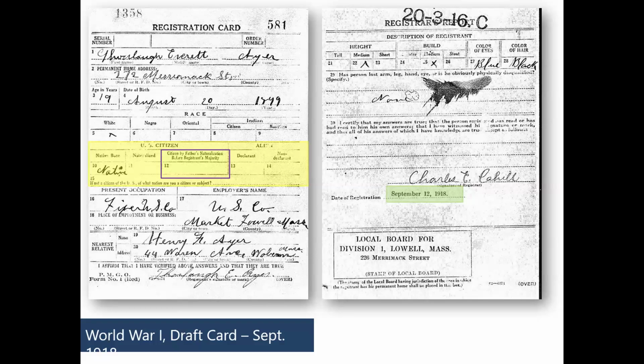They've also added what you'll see in that purple box, which says that the individual in question was a citizen by father's naturalization before registrant's majority. In other words, when dad got naturalized, the person was still a child under the age of 18 or 21, depending on the year in question, and automatically became a US citizen.